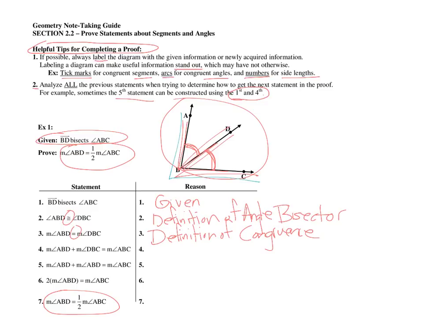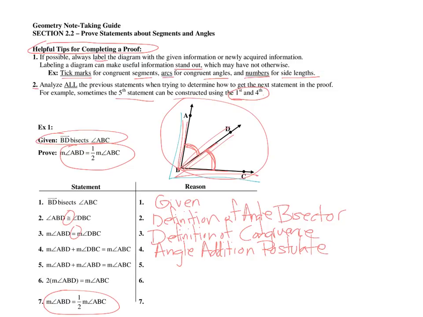How do we know that? That's the angle addition postulate. It just means the sum of the two smaller angles gives you the larger one.